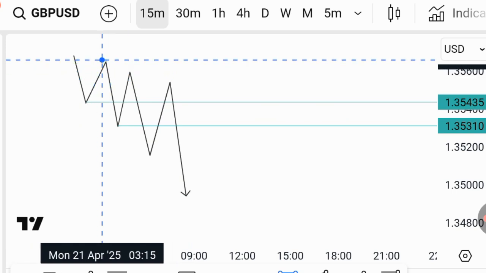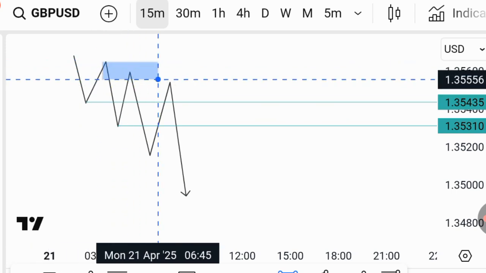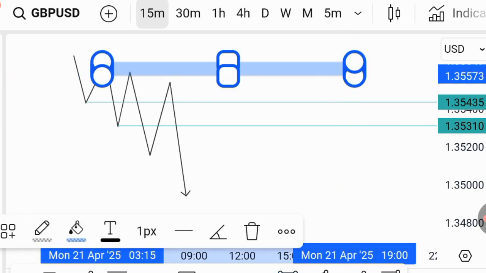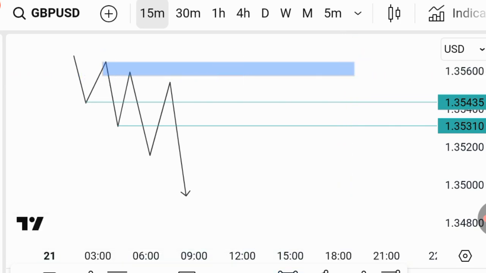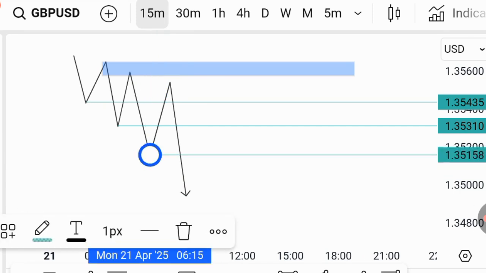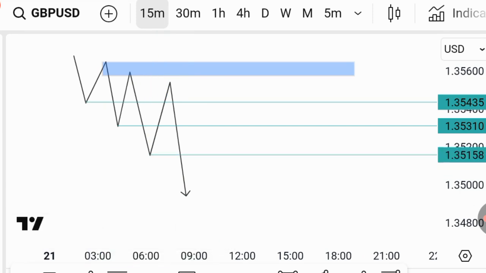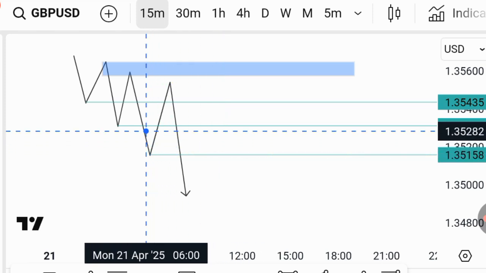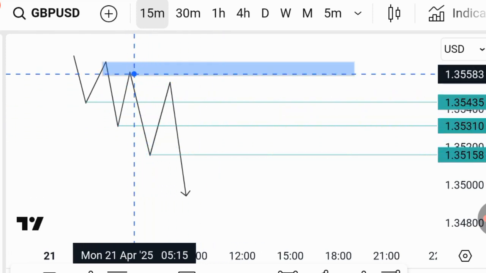So let's do this. For example, let's do this like this by creating this. And then where is the origin of this current lower low? The origin for this current lower low is this one, right?